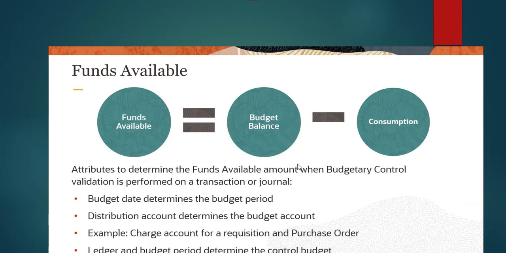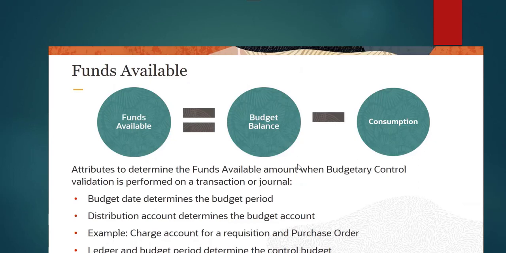The fund available amount in budgetary control is calculated as the budget amount minus budget consumption amount, or the funds reserved amount for a given control budget period, and budget account combination. And there are attributes to determine the funds available amount when you are running budgetary control on a transaction or a journal.